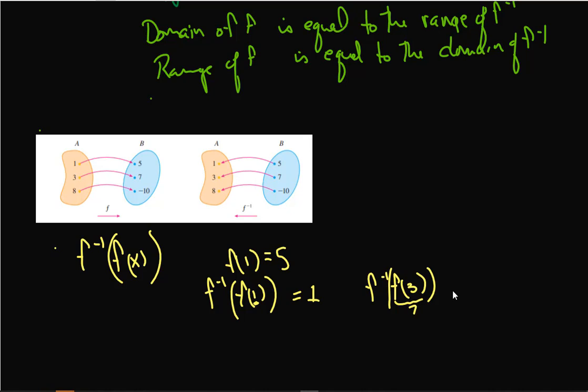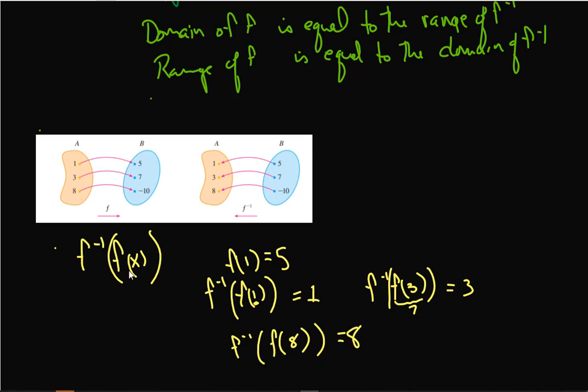It takes me back to 3. And let's do it with the next one. F inverse of f of 8. I put in 8, I get negative 10, and then f inverse takes negative 10 back to 8. So I get 8.